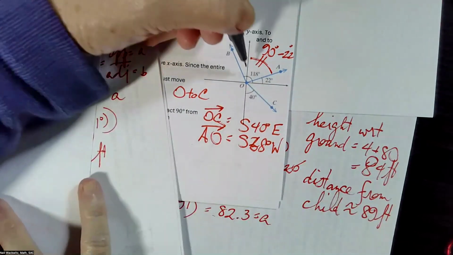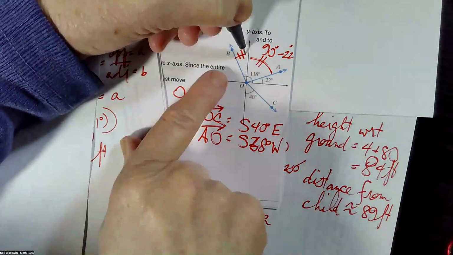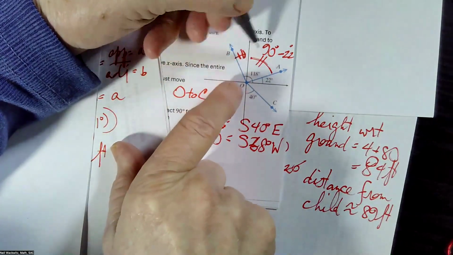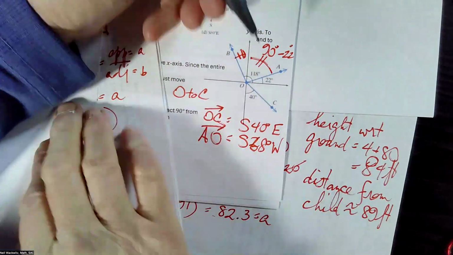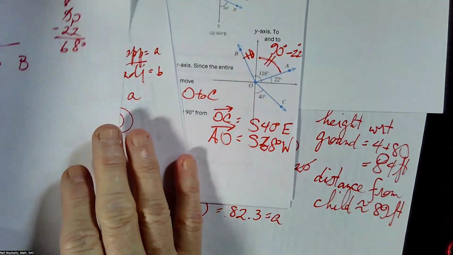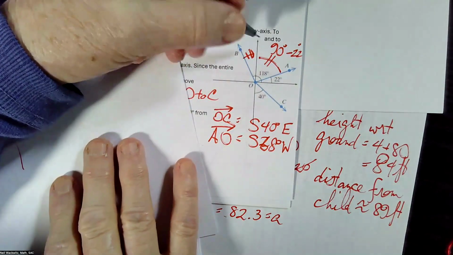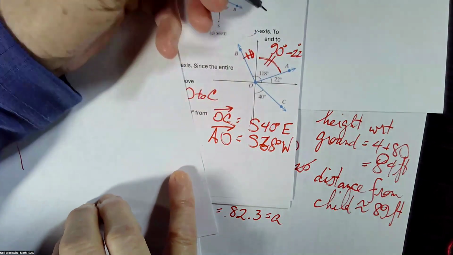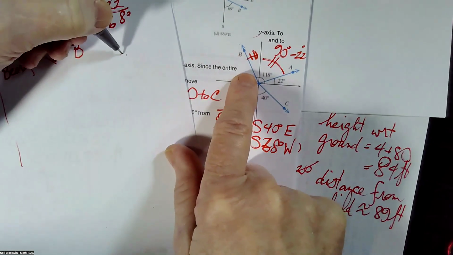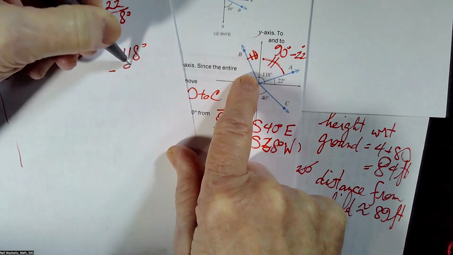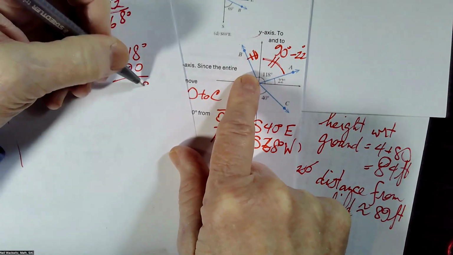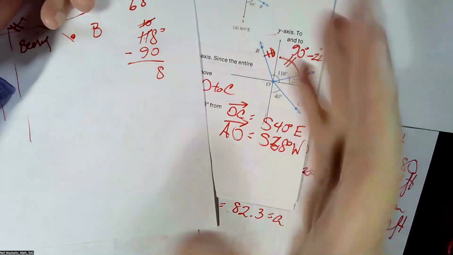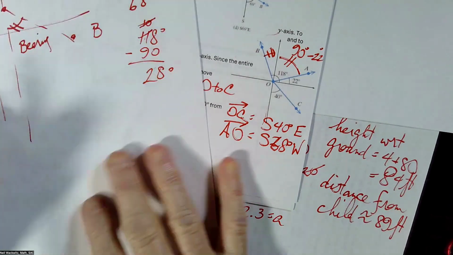So to get this angle, I need to subtract 90 from 118, because I want the smallest angle between the ray and the vertical. So we've got 118 minus 90. Oh, what am I doing? 118 minus 90, so 28 degrees.